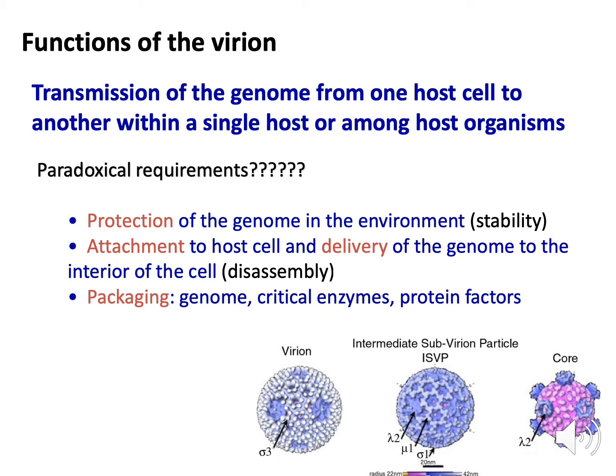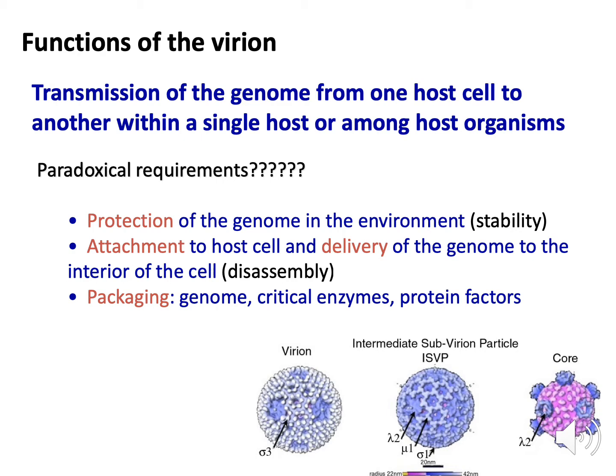So the virion has to be stable but ready to disassemble and capable of disassembling in the right place at the right time, not prematurely in the environment. The virion also needs to have signals on its proteins that allow for critical enzymes, for the genome, and for other protein factors to be packaged within that structure.